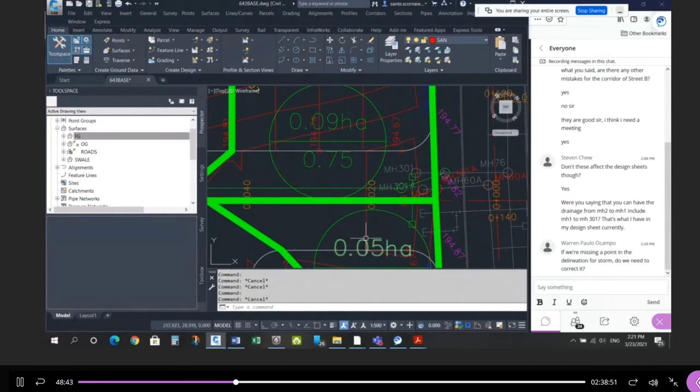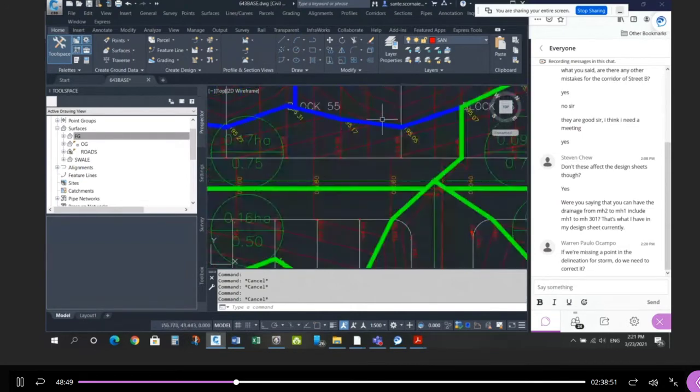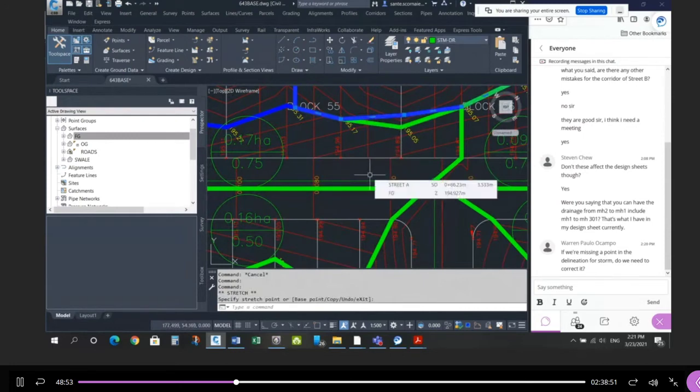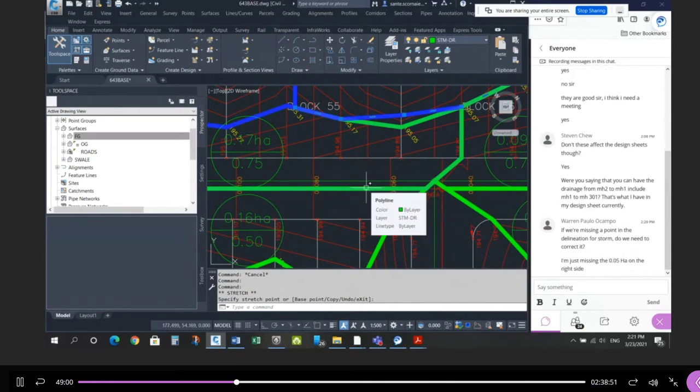If we're missing a point in the delineation for storm, do we need to correct it? It depends how critical it is, right? Are you talking about a point, like if this point was missing and you went straight across here, like that, Warren? I'm just missing the 0.5 hectare on the right side.